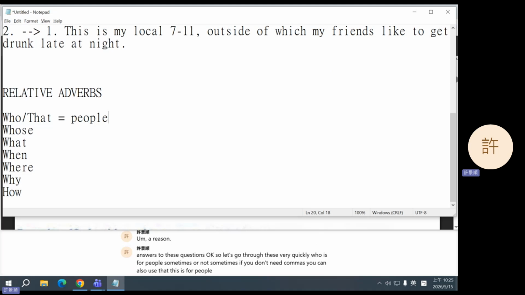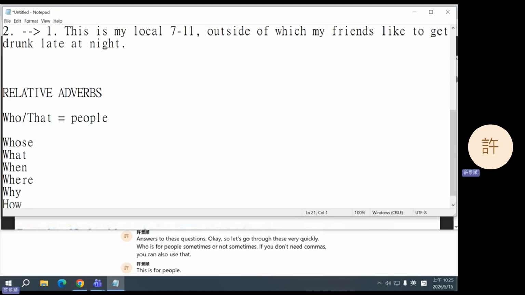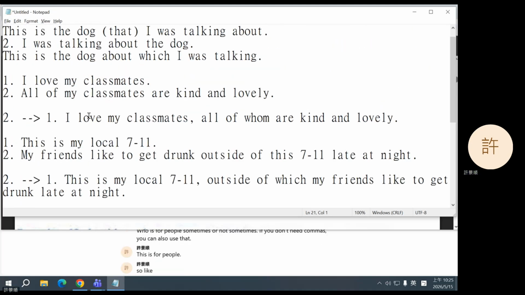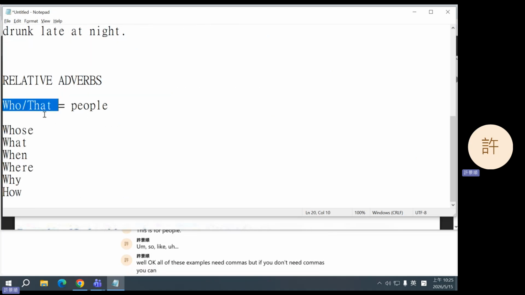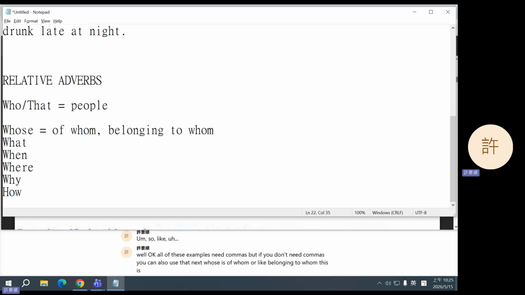All of these examples need commas, but if you don't need commas, you can also use that. Next, whose is of whom, or belonging to whom. This is possessive.